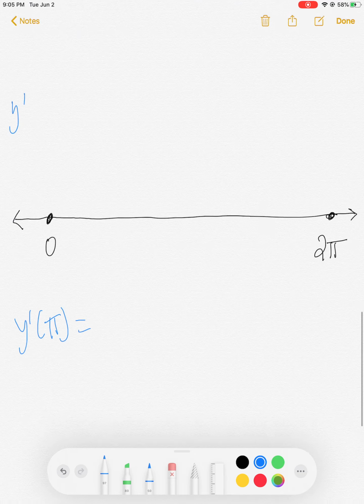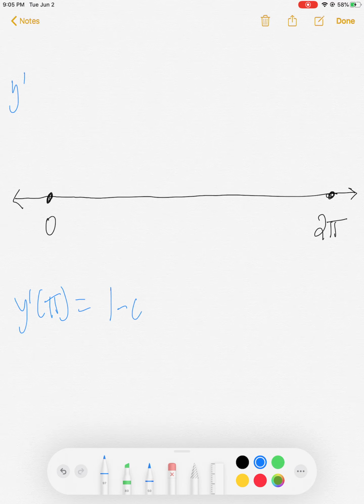So let's go ahead and just check it at pi, because that's right in the middle. So y prime is 1 minus cosine of x. So y prime of pi equals 1 minus cosine of pi. That's going to be 1 minus negative 1, and that's going to be 2. So that means that the derivative is positive. So y prime is positive over this interval.